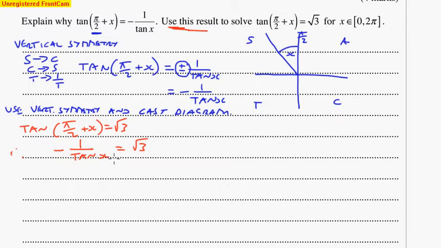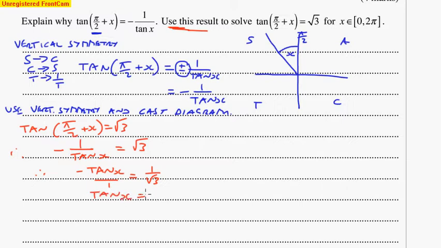I will invert both sides of this equation and get negative tan x over 1 equals 1 over root 3, and multiply both sides by negative 1.